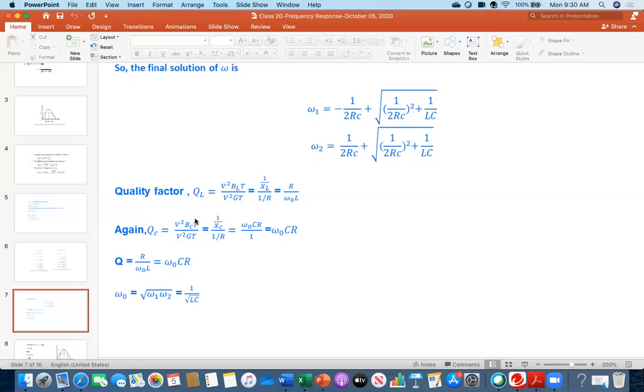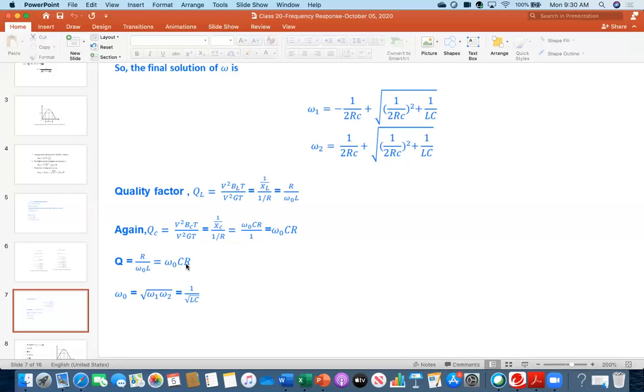Again, T cancels, V square cancelled, G is 1 over R, BC is 1 over XC, then R goes in the numerator, XC in the denominator. XC is 1 over omega C, so omega C goes in the numerator, and it becomes omega naught CR. Therefore, you could say Q equals this or this.